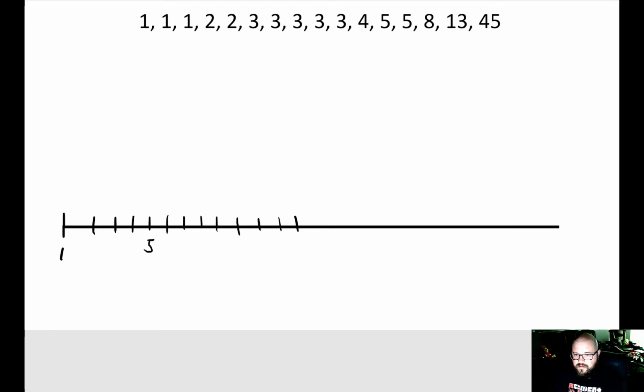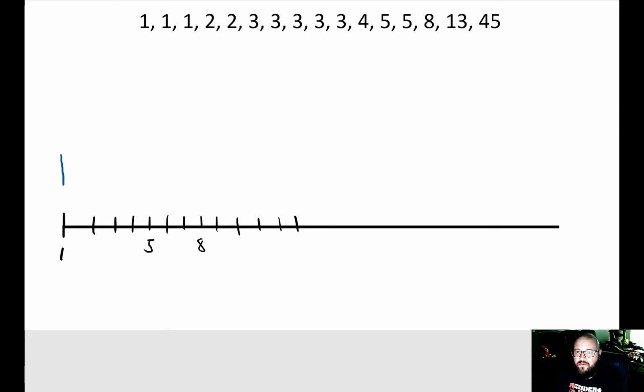And then 6, 7, 8. And then the reason why I'm labeling those is because we know for this, our minimum value was a 1. And for a box plot, we're going to draw a line like that, okay?